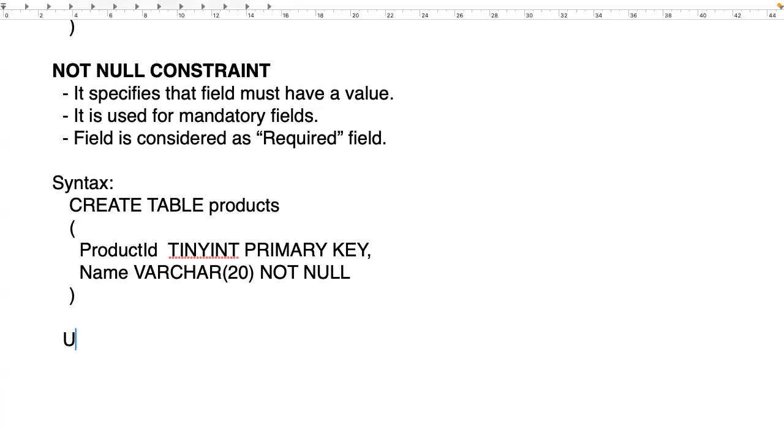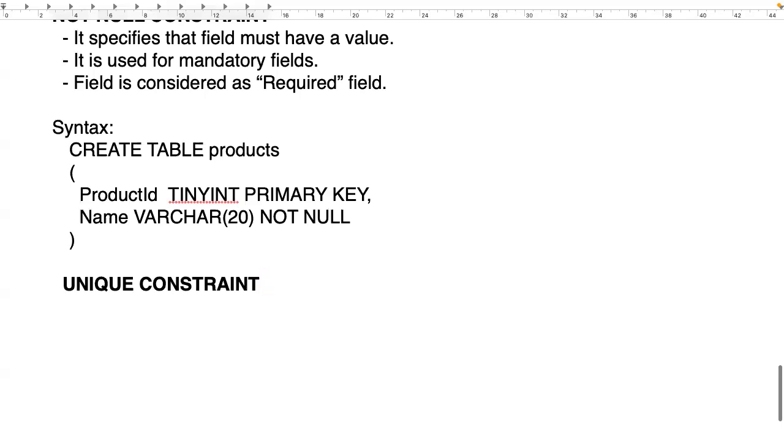So you have another one. What is it? Unique constraint. The unique constraint specifies that the value cannot be the same across records.